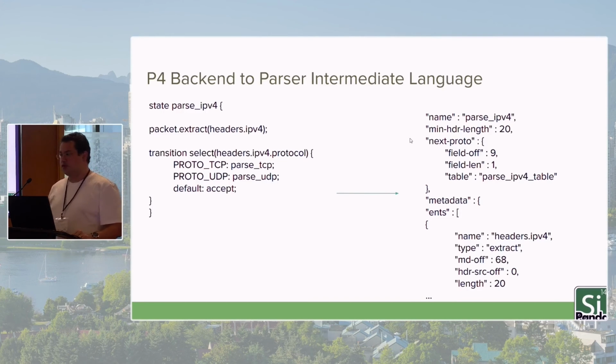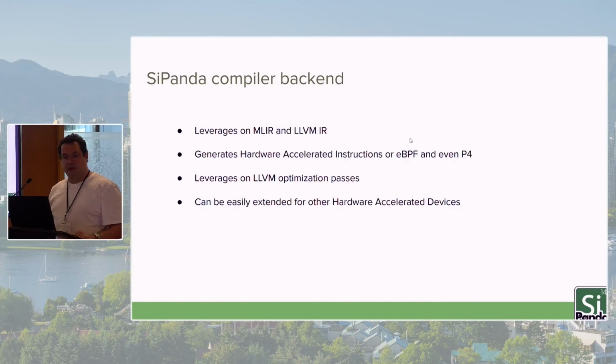So we can see that we can transform P4 and C from an imperative kind of abstraction to an actual declarative JSON definition that can be much more easily and highly optimized for several different kinds of hardware. And that's how the Seiphem compiler backend does it. It uses the JSON parser intermediate language.